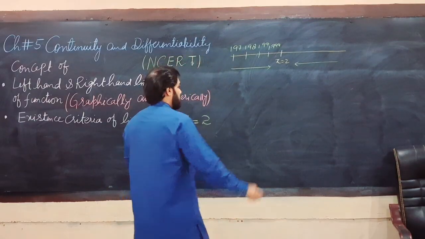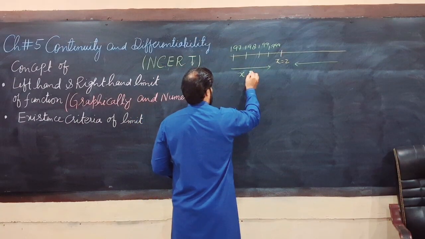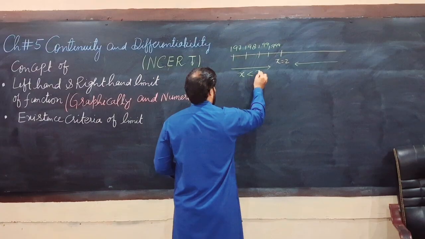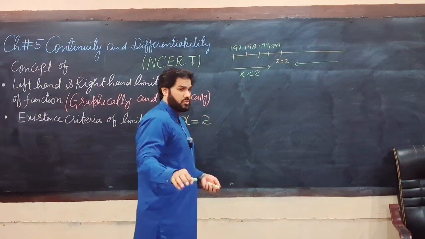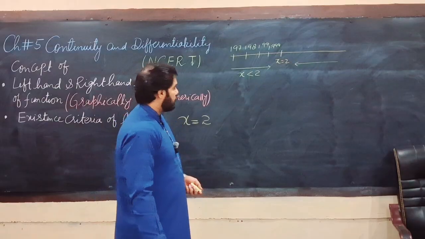Now you can observe that all of these values are on the left side of x is equal to 2 but less than 2. These values are nearly close to x is equal to 2 but are always less than 2.